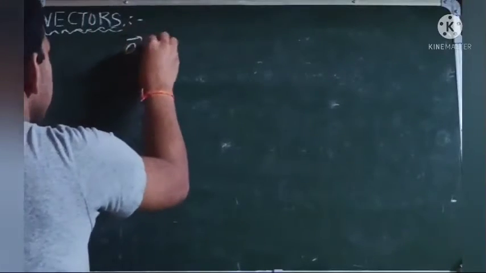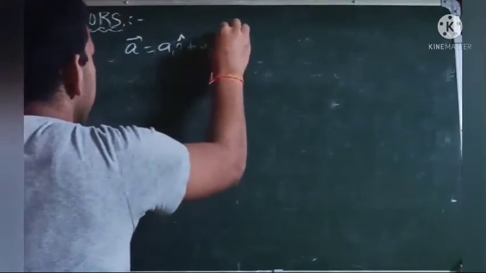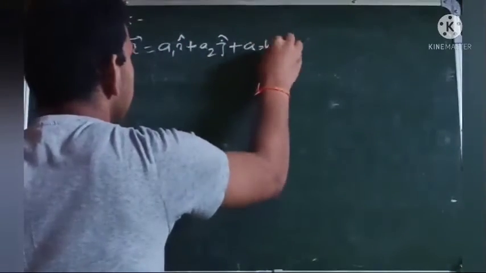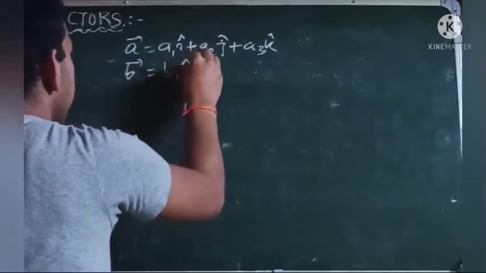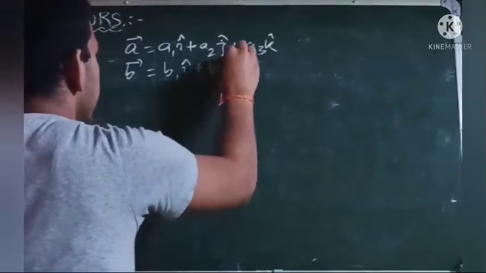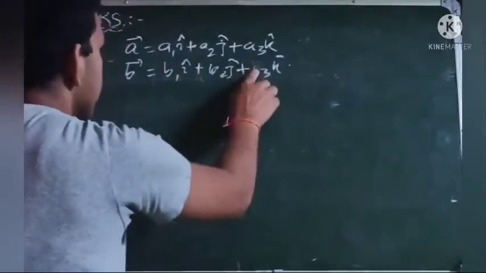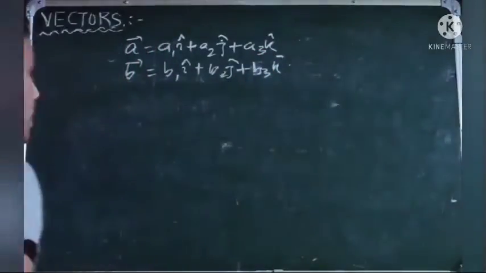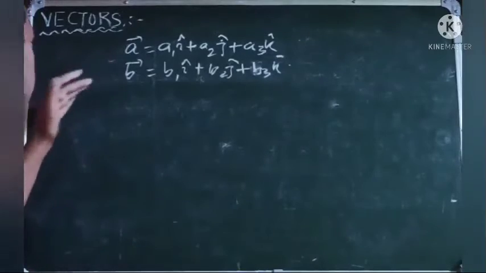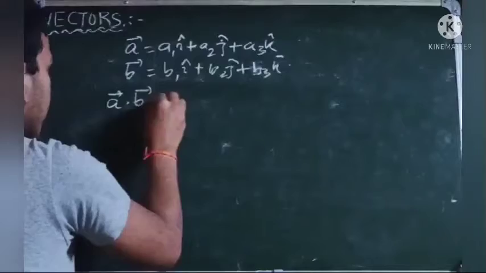Suppose we have the vector a vector is equal to a1 i cap plus a2 j cap plus a3 k cap, and b vector is equal to b1 i cap plus b2 j cap plus b3 k cap. Suppose we have to find the dot product of these two vectors, a dot b.